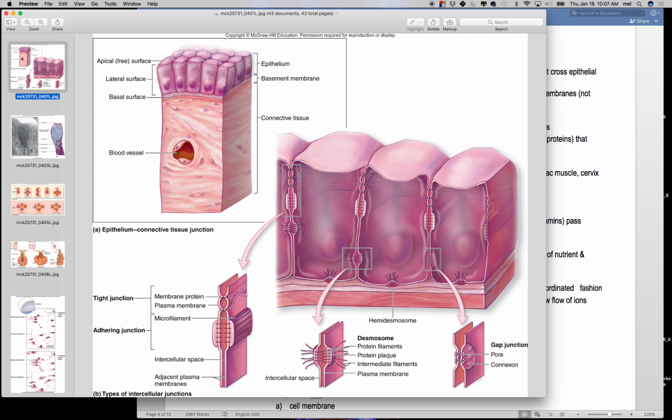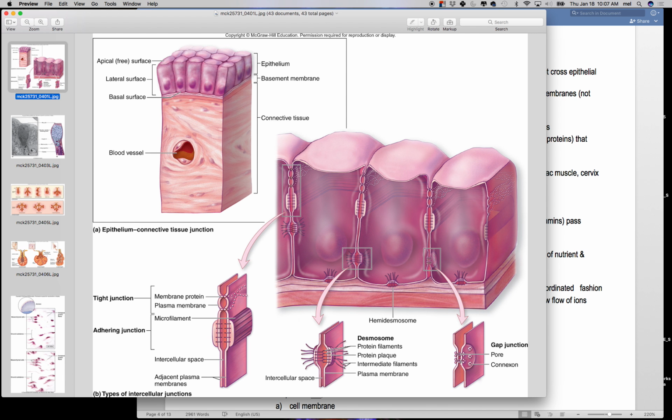Cardiac muscle needs strength because it's filling and emptying, filling and emptying, and it also needs the cells to act as a single unit, right? And if you needed both strength and impermeability, like the skin, you don't want to lose water, but you also want to be strong, resistant to stretching and twisting in a bunch of directions, you would use desmosomes and tight junctions. Exactly. Does that make sense?